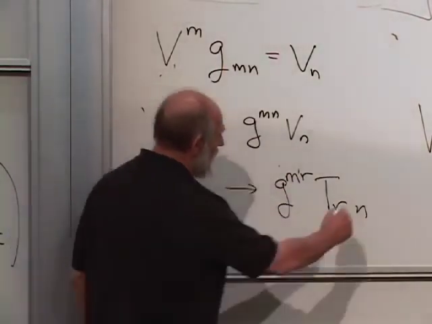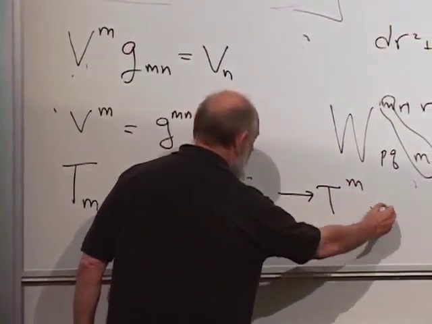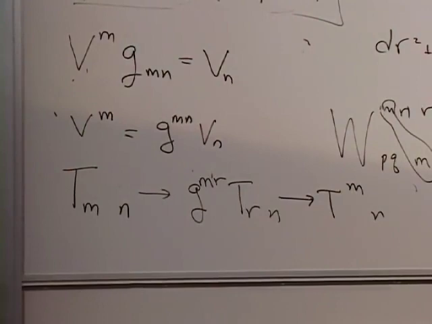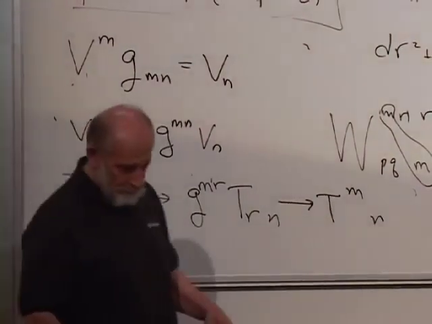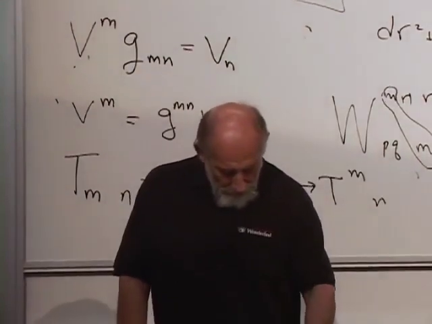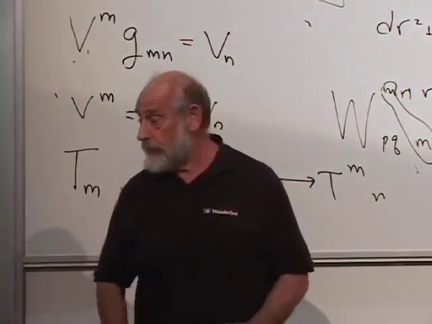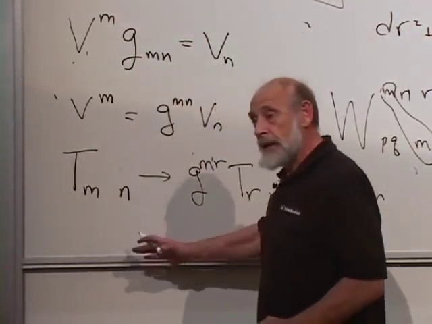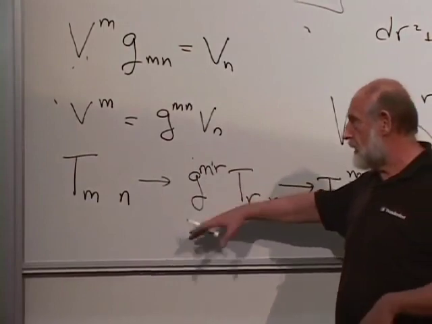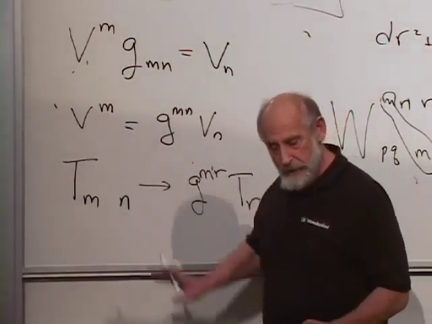And what does this give me? This gives me an object that I can call T^m_n. So I can raise and lower the indices. And of course, the objects that you get are different when you raise and lower them, but they're collections of objects which have the same content as the original starting ones, since you can go back and forth freely between them.